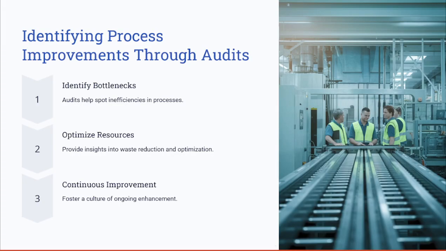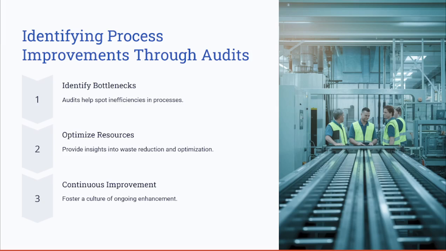Identifying process improvement through audits. And this is one of the key purposes of conducting an audit, which is to have process improvement in place. Audits are not just about compliance. They also help in identifying inefficiencies.